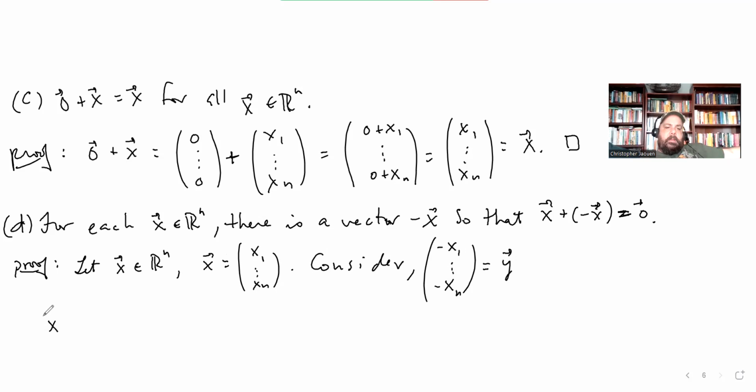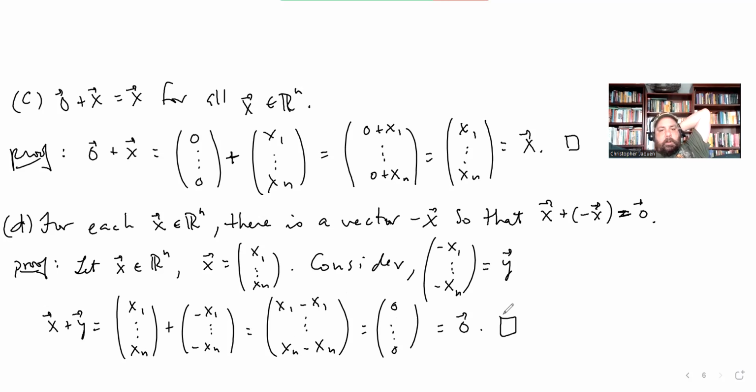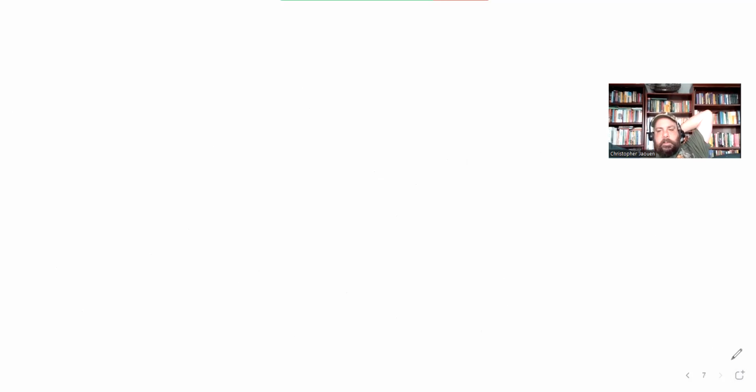Then x plus y is x1 up to xn plus negative x1 up to negative xn, which is x1 minus x1 up to xn minus xn, which is the zero vector. Okay, and that shows that every vector in Rn has an additive inverse. Okay, that was letter D.